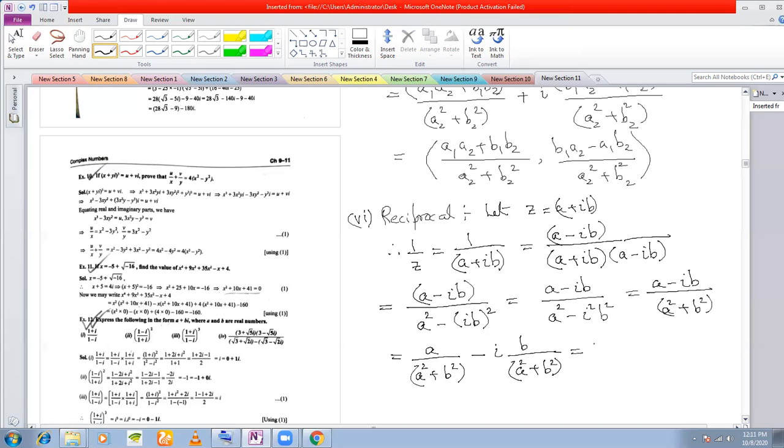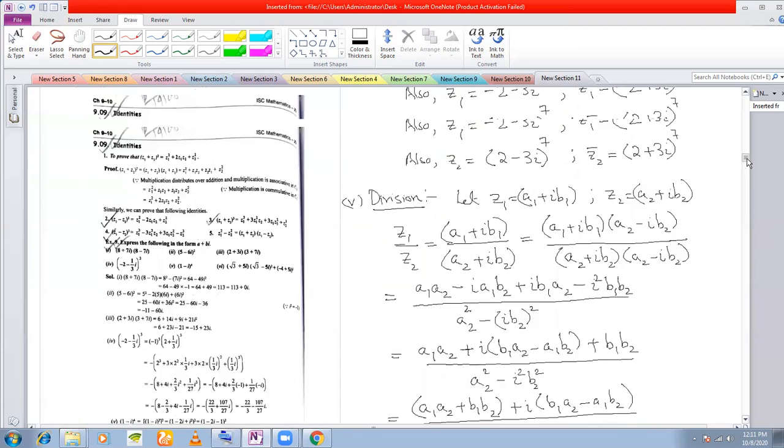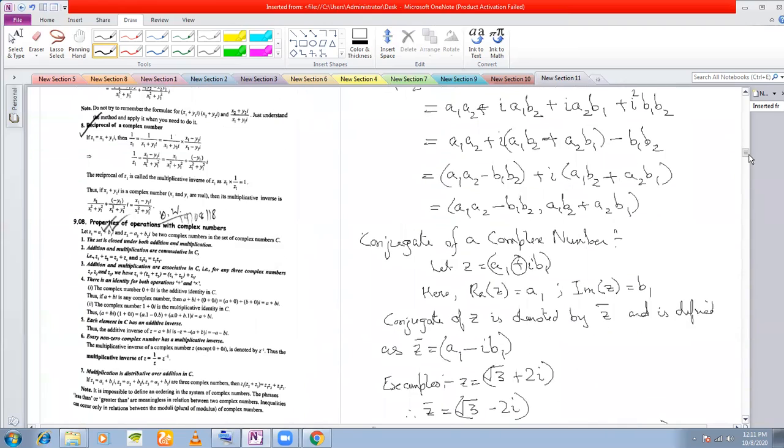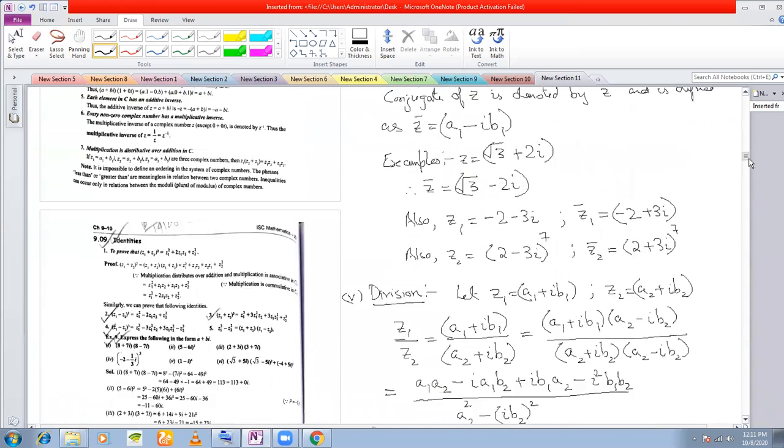If you want to write this in ordered pair form, this is a by a square plus b square, and because of this negative sign, minus b by a square plus b square. Okay. Any questions till this part? No questions?